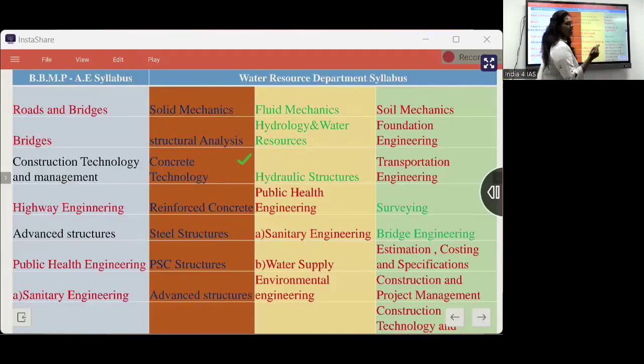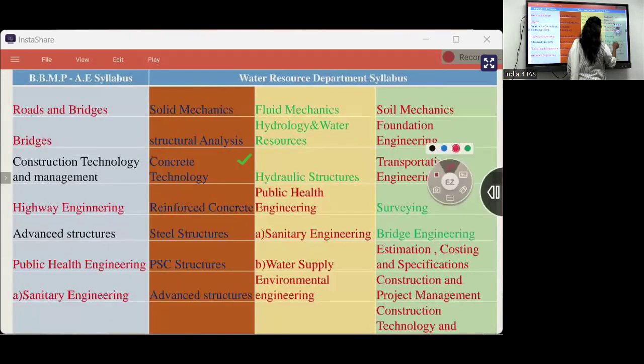See, here I told you in the first strategy how to segregate the subjects. For example, which subjects could be easy for you here? Is environment easy?